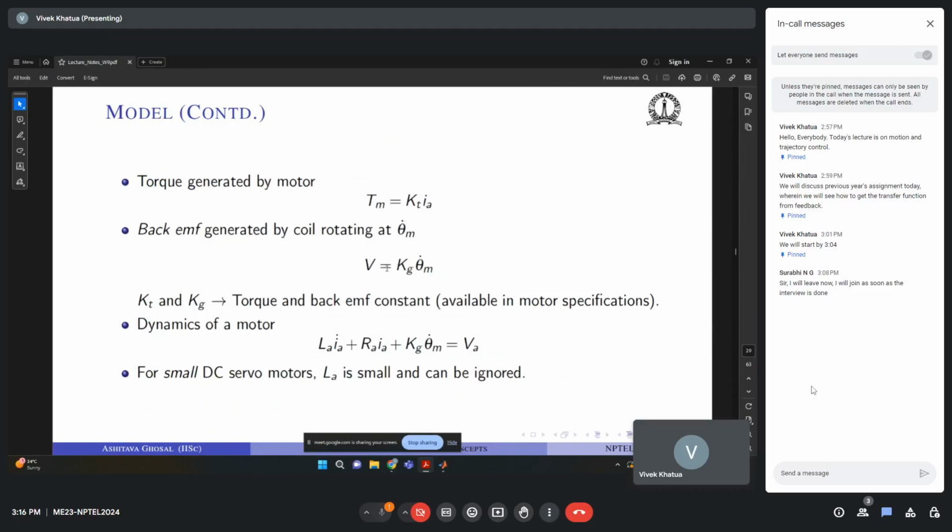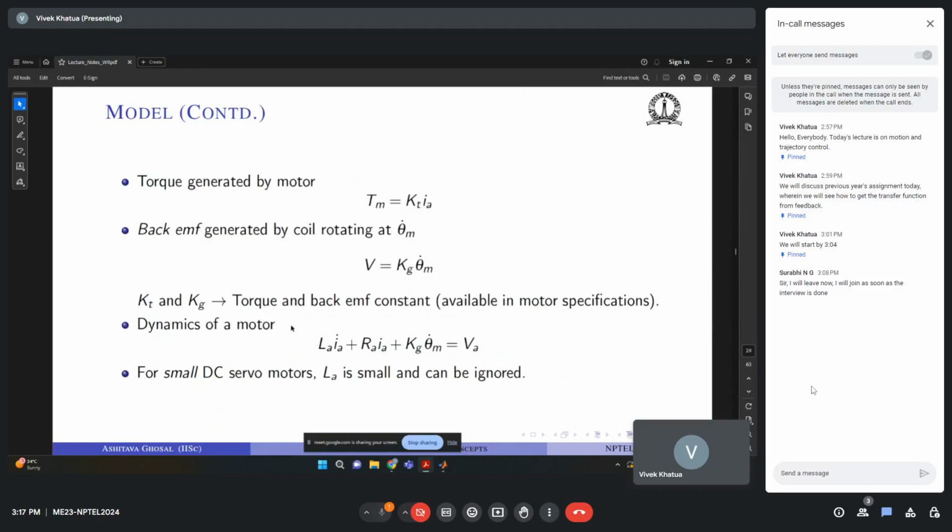And the back EMF from such a coil rotating at a certain angular velocity is given by this expression, where kg is your back EMF constant and kt is obviously your torque constant, right? So this torque constant will have all the design elements of your motor, right? Your motor might have some thickness, some coil windings, all of that is encapsulated in the kt, right?